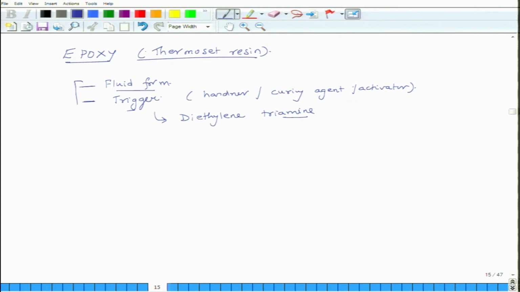Now, as I said, in some cases these epoxies come already in a pre-mixed state. So, you may have pre-mixed or separate. Pre-mixed is one part, and if they are separate, you have two parts.